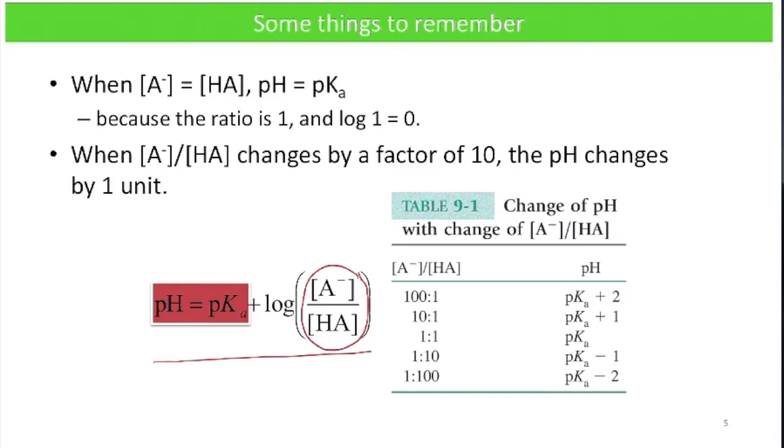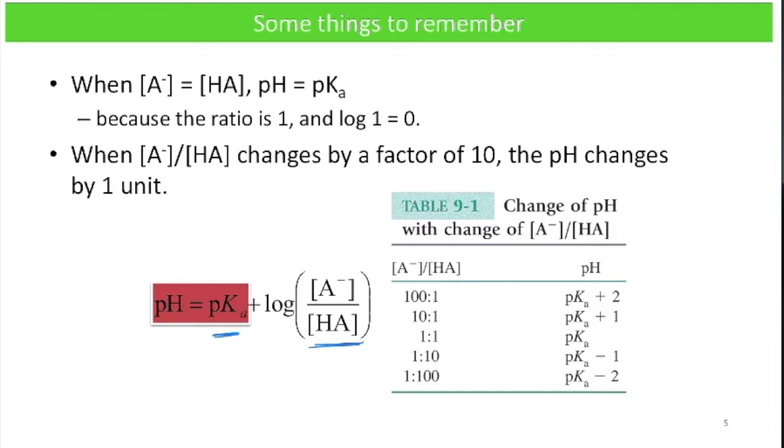So pH equals pKa plus the log of 1, and the pH of that solution is going to be equal to the pKa of the acid if we have equal concentrations of the acid and the base. So this ratio of A- over HA is going to determine what the pH of a buffer solution is, or how it changes based on both of those concentrations with respect to the pKa.